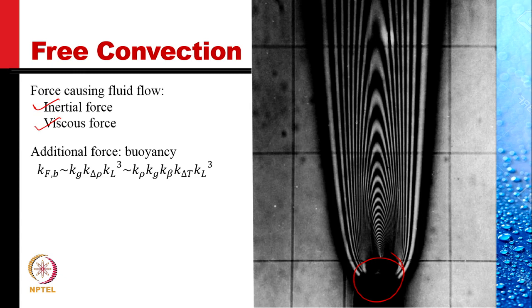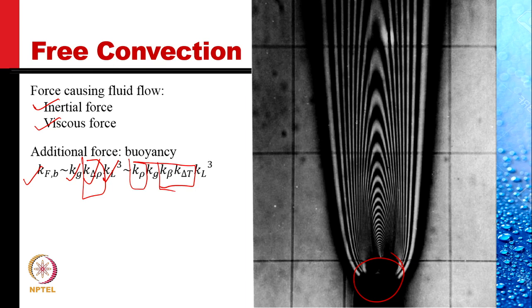The buoyancy force scale factor would depend upon the scale factor for gravity, the scale factor for density differences, delta rho, and volume, KL cubed. Now, K delta rho can be written as K rho times K beta times K delta T, where beta is the thermal expansion coefficient of a liquid.